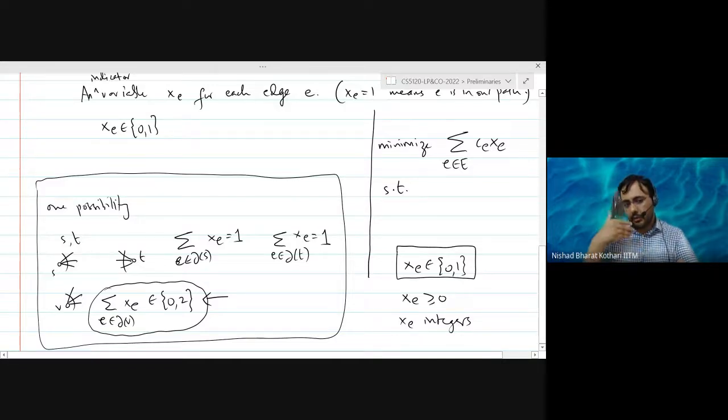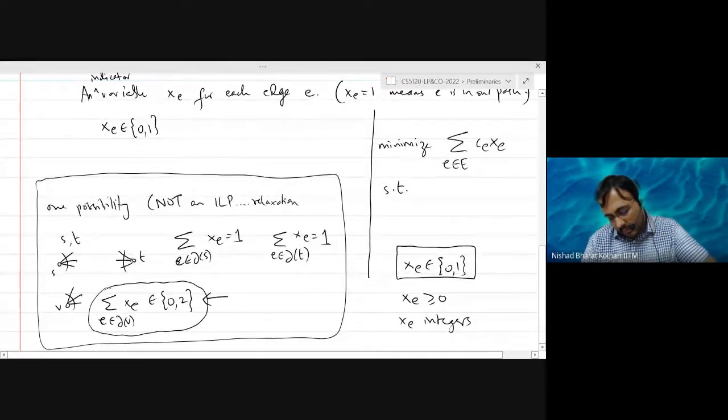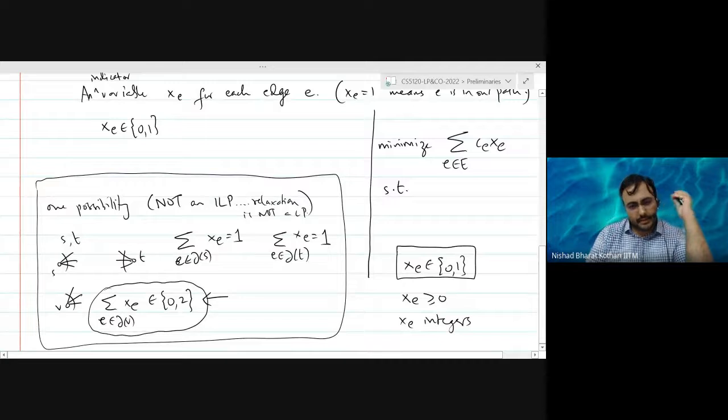When we actually want to solve the problem, we will drop the integrality constraints, look at the linear program, and use the theory of linear programming to solve this problem. So although this is correct, it's not an ILP. In particular, the relaxation is not a linear program. Does that make sense?